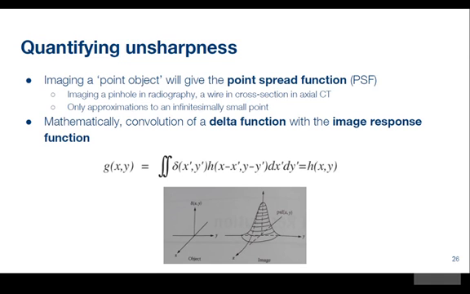That would effectively give us our response function. And again, you might start to recognize a pattern here. This is actually a convolution. This mathematical representation of this integral is a convolution. So if we convolve a delta function with this point spread function, this gives us the image function.